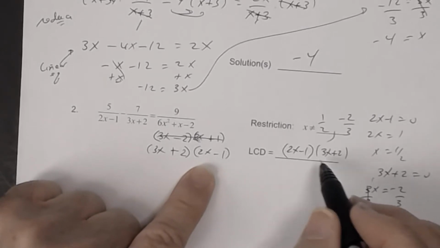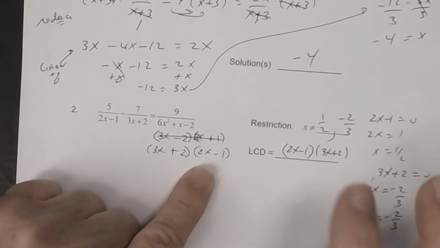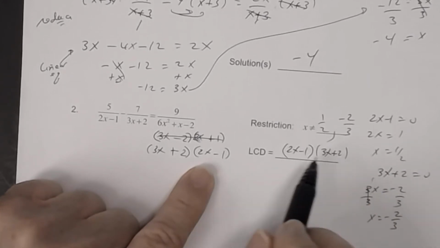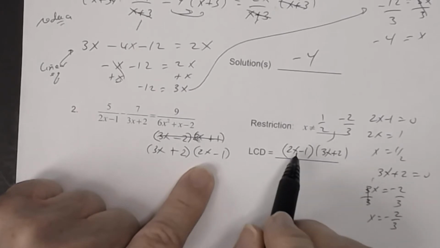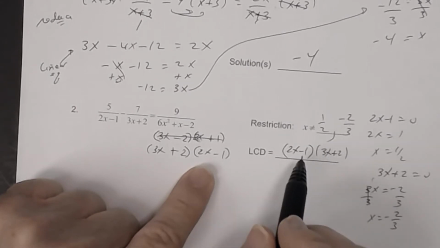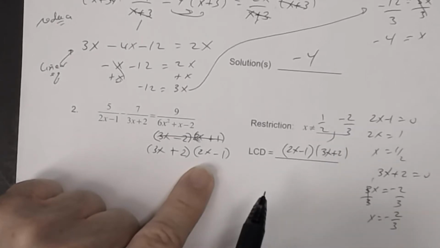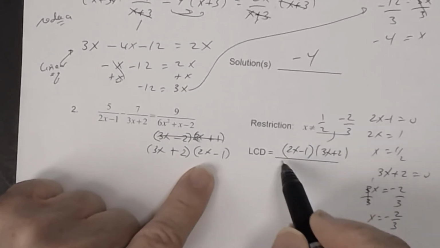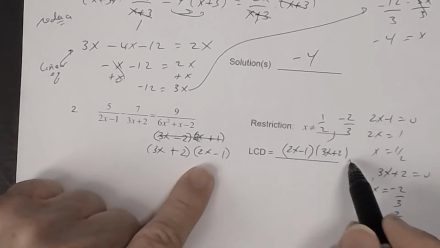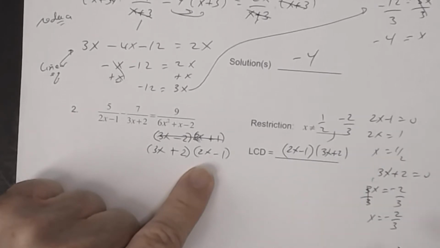Then 2x minus 1, I already have it listed. So your LCD only includes those two factors. Those two factors contain variable expressions, and when you set each one to 0, that corresponds to your restrictions. What makes this 0 is this, and what makes this 0 is this.